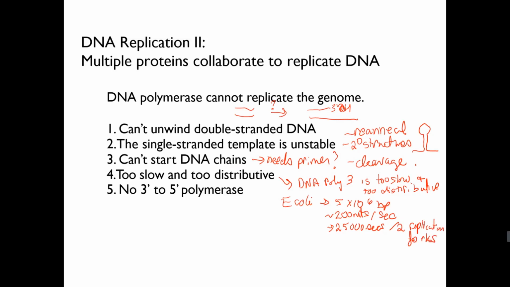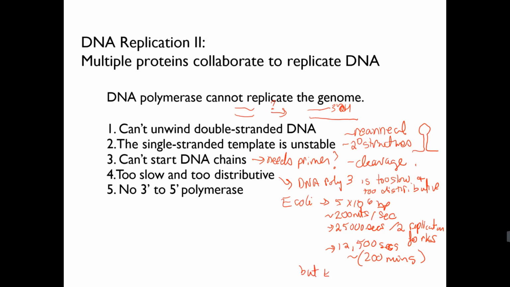Okay, so that's 12,500 seconds for poly 3 to replicate the E. coli chromosome. So that's pretty great, right? That's approximately 200 minutes. But sadly enough, E. coli doubles in about 20 minutes.